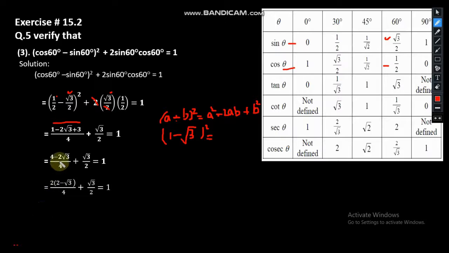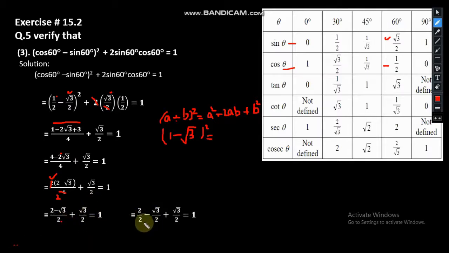Now we can take common 2 from here, and this step as it is, and we can take common 2 from here. Now 2 1s are 2, 2 2s are 4, here 2 and as it is.